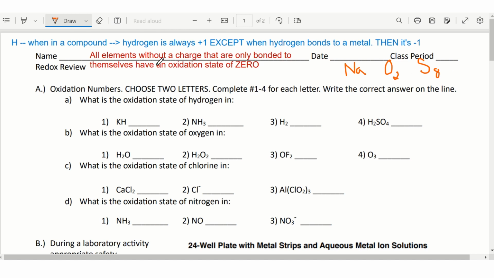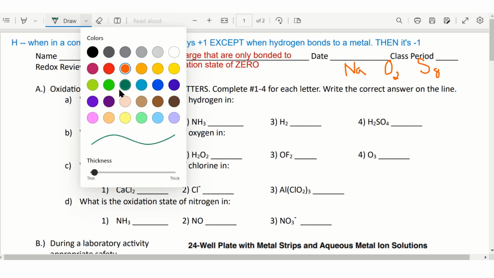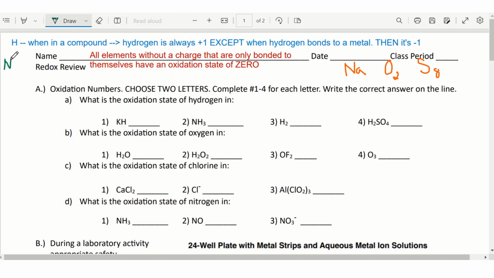What do I mean if it had a charge? Well, let's look at an example. So that would be if it was Na. And how would I know it had a charge? Bam, up there. Then the oxidation state is not 0. The oxidation state is what the charge is.